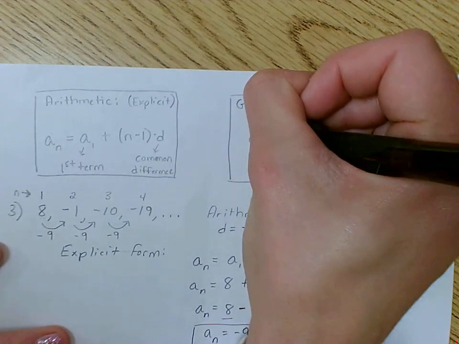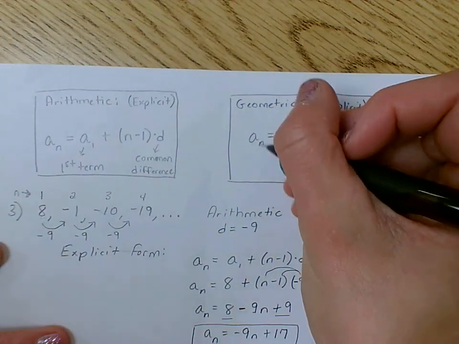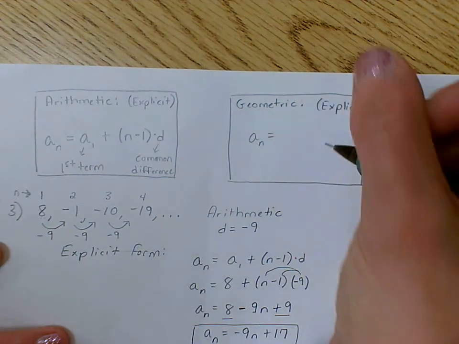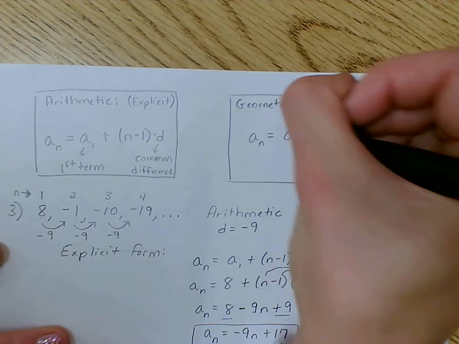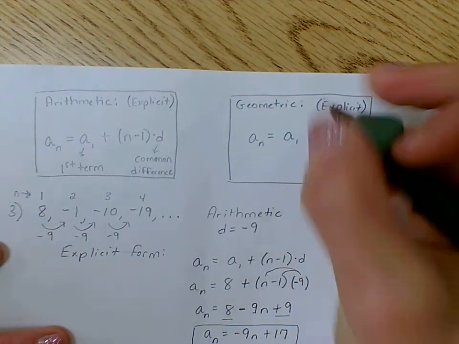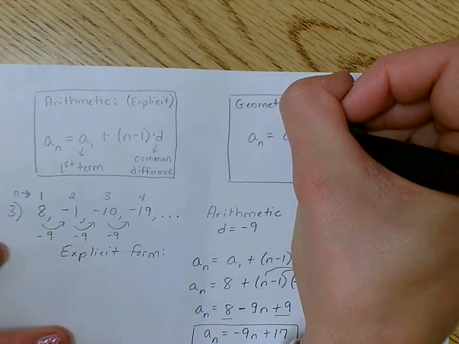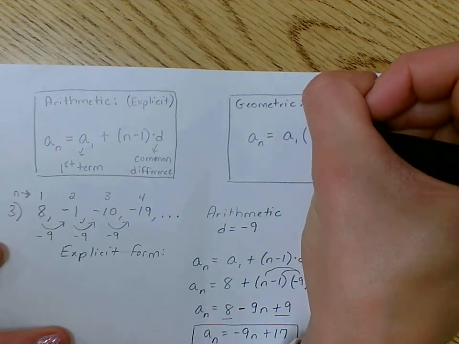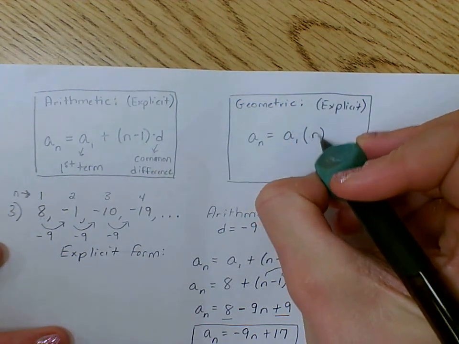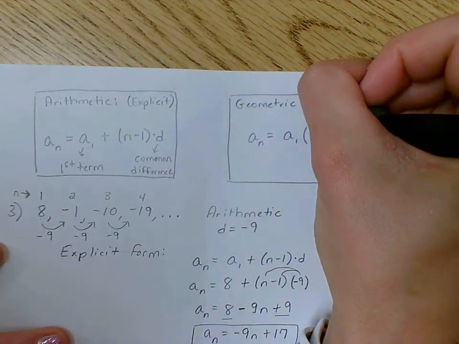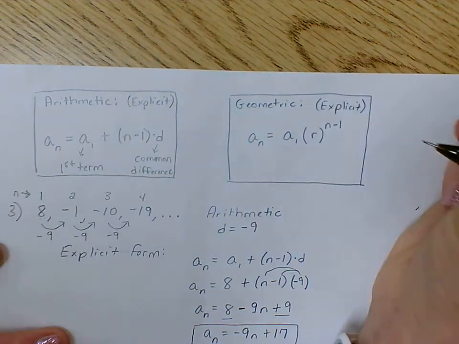And so this one, you're still going to use it to find a term, so that part will be the same. But for this one, you're going to actually start by putting your first term times whatever your common ratio is, and then that part of it will be to the n minus 1 power.